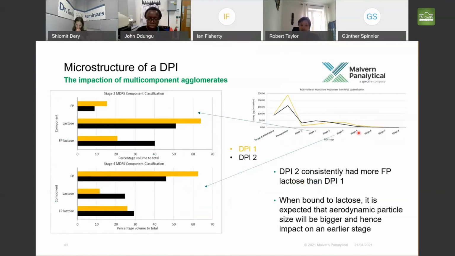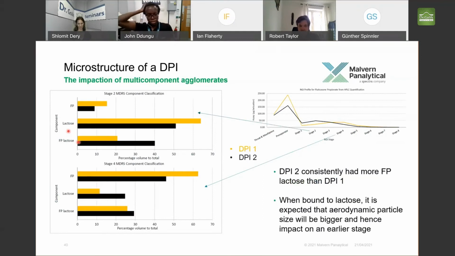Right, so there's quite a lot of information on this slide, but what we've done is run the scan, collect the Raman data, and determine how many particles are the active FP, how many are lactose, and how many are this multi-component agglomerate between the FP and lactose.